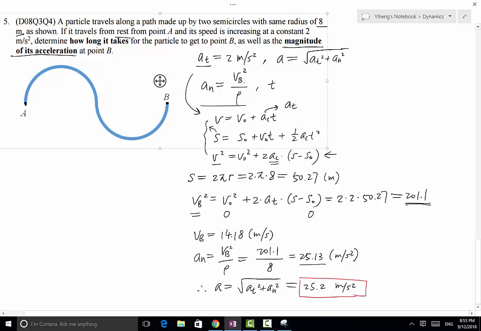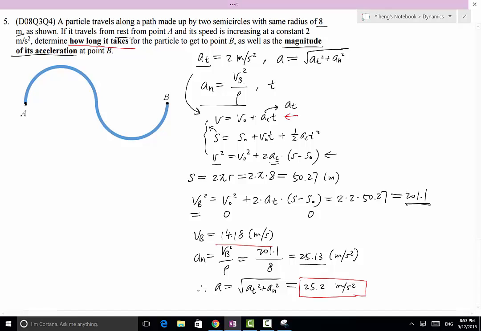The first half asks how long it takes for the particle to get to point B. If we know VB, which is 14.18 meters per second, then we can use the first equation. VB equals V0 plus AT, again our constant acceleration, times time.